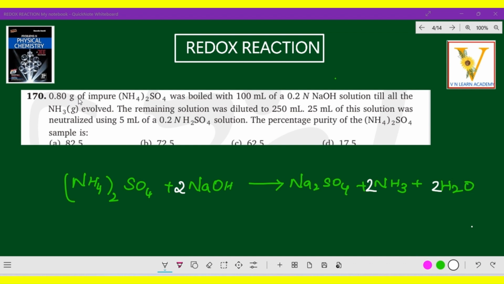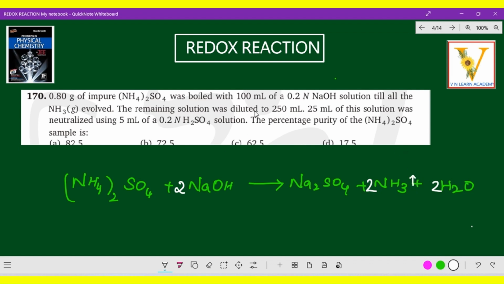Here, 0.80 gram of impure ammonium sulfate was boiled with 100 ml of 0.2 N sodium hydroxide solution. So, ammonium sulfate combined with sodium hydroxide. They have given the data, 100 ml of 0.2 N sodium hydroxide. It's reacting till all the ammonia gas is evolved, right? So ammonia gas is evolved.